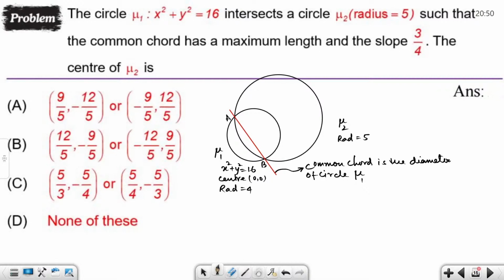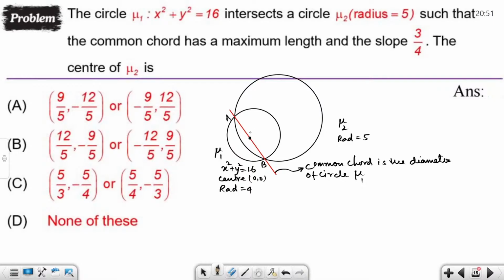See, JEE people, they always used to give questions in this way. They have not said that AB is the diameter. They have said that the common chord will be the largest chord. Now you have to understand that a chord is largest when it is the diameter of that circle. Is it clear? Therefore, the center of the circle mu1 lies on this diameter, naturally, because that is the common chord.